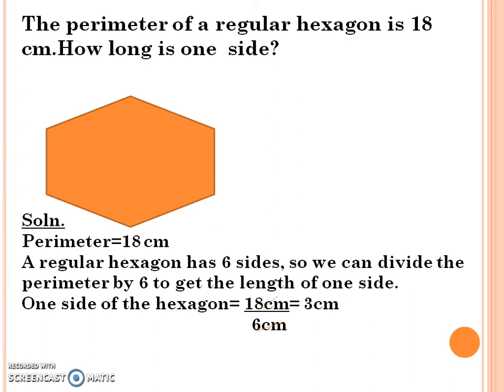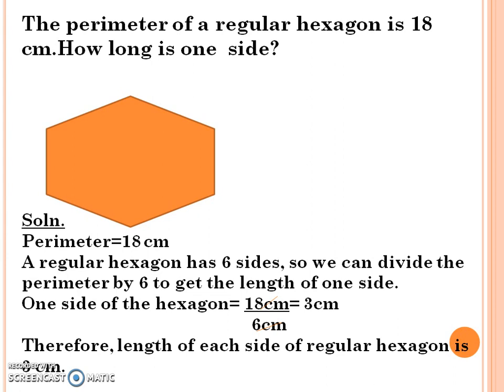So we can divide the perimeter by 6 to get the length of one side. So one side of the hexagon will be 18 centimeter upon 6, that you will get 3 centimeter as the length of one side. Okay. Therefore, length of each side of regular hexagon is 3 centimeter.